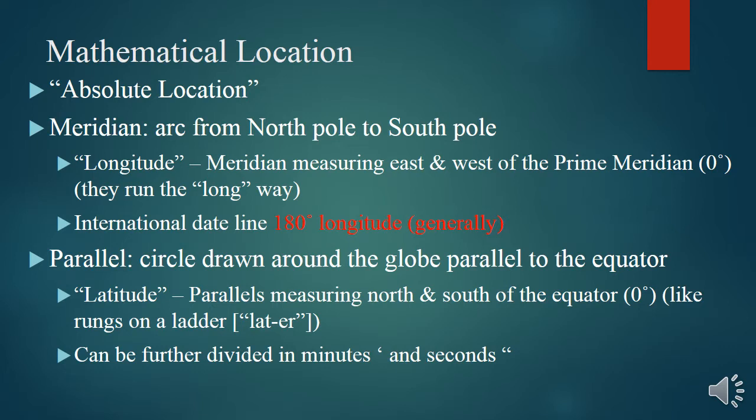We can also superimpose another set of lines, lines of latitude or parallels, to help complete this grid that we've laid over the Earth. Lines of latitude are also called parallels because they actually run parallel to each other, right?